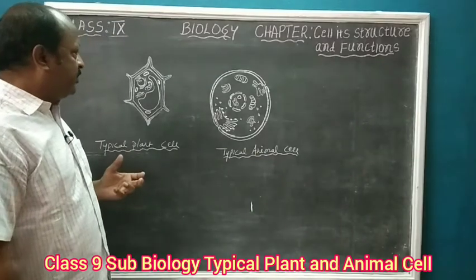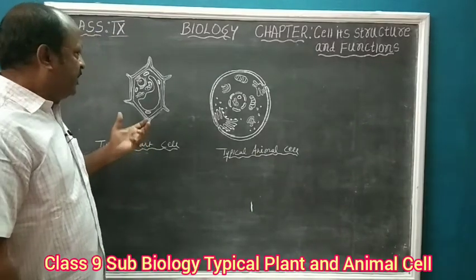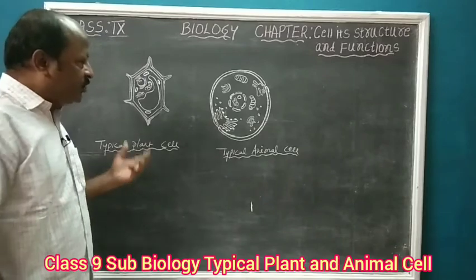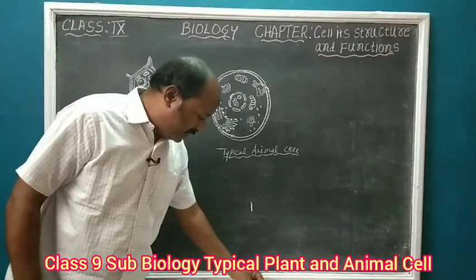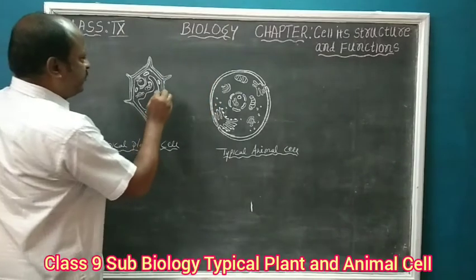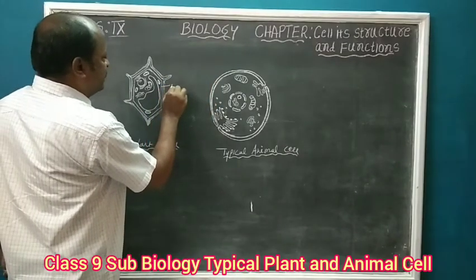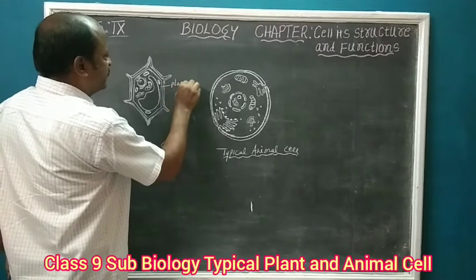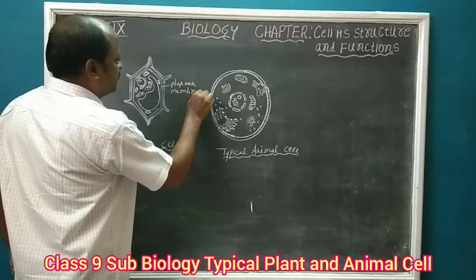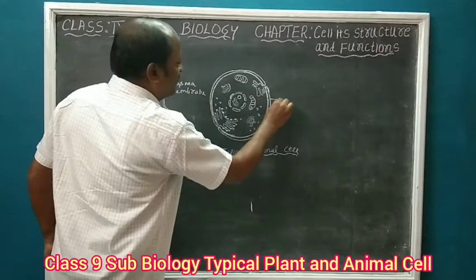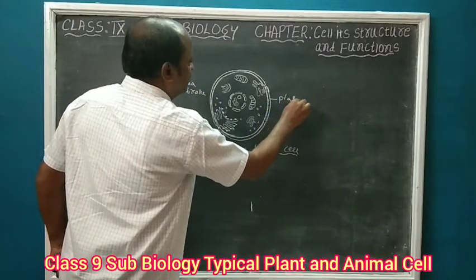Now when we talk about the plant cell, it has got a plasma membrane, animal cell also has got a plasma membrane. This is the plasma membrane, and this is the plasma membrane of the animal cell.